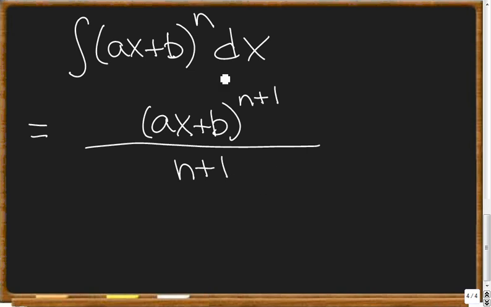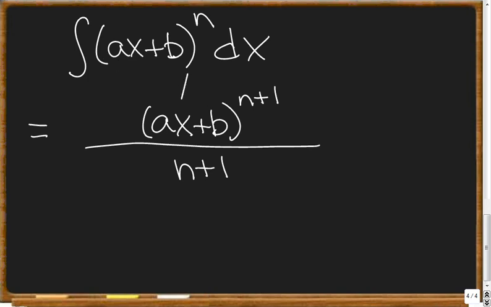Now, the only difference is that because we now have some sort of multiplier acting on x, we have to account for that too. So imagine this. When we take the derivative of ax, or of anything times x, we end up with whatever that coefficient is. And when we go backwards, we do the reverse. We have to divide.